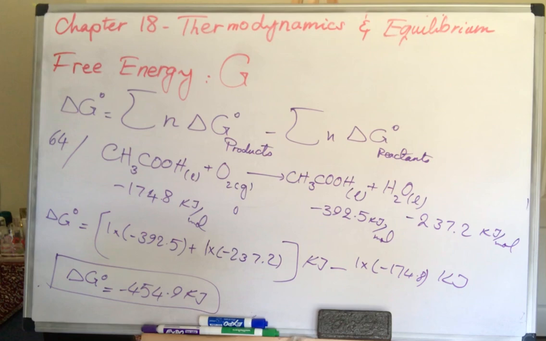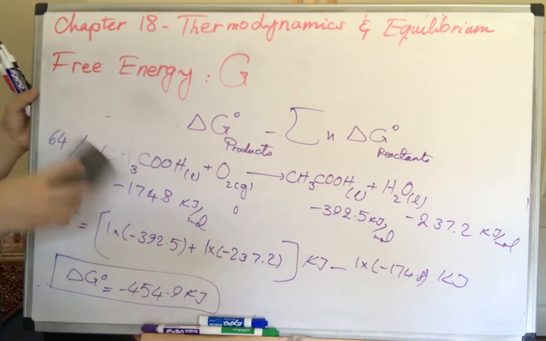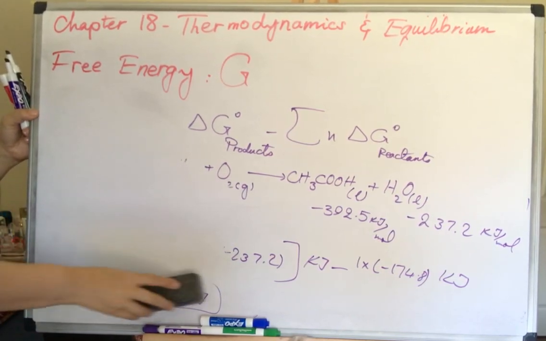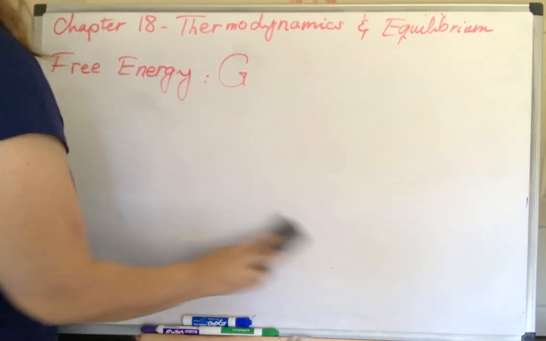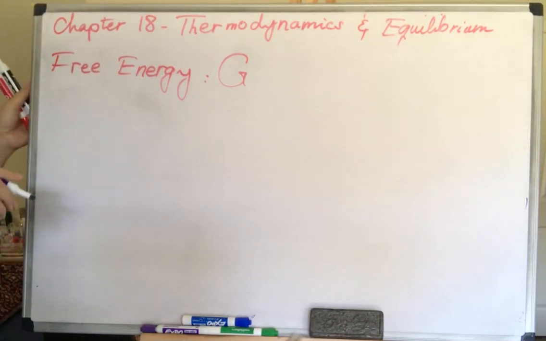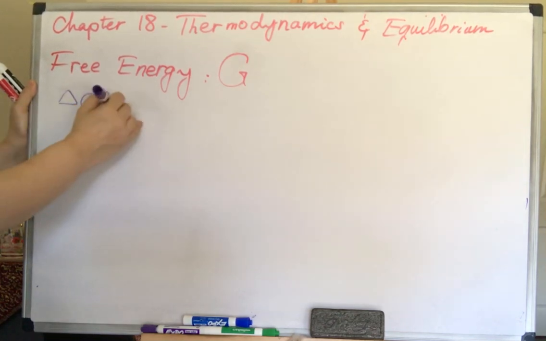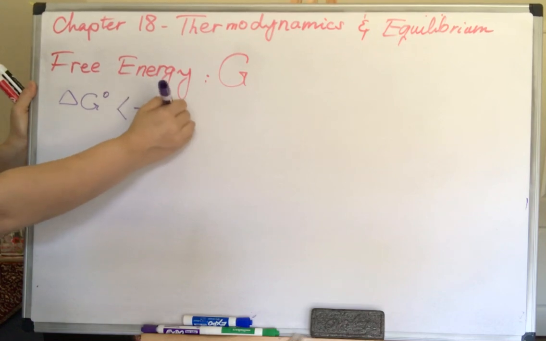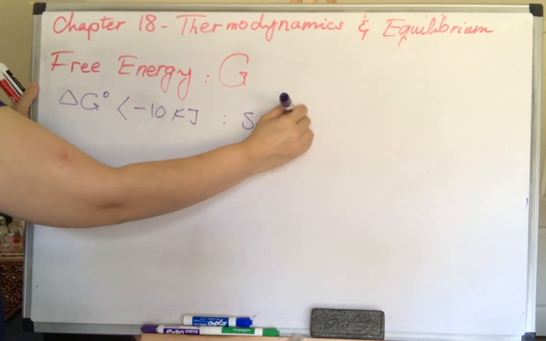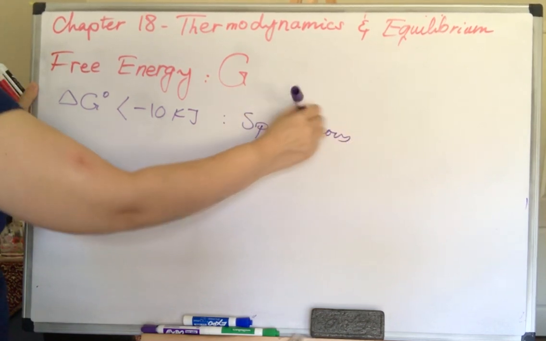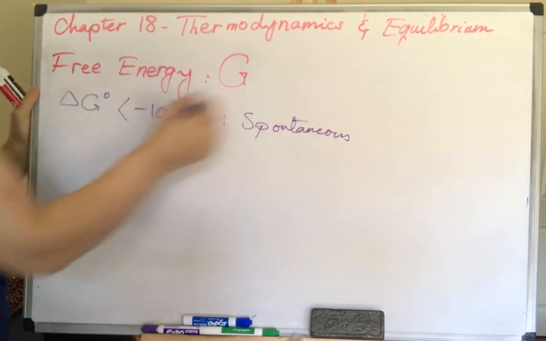The criterion for spontaneity based on delta G: we said we cannot decide on the spontaneity of reactions based on delta H, but based on delta S and delta G we can talk about spontaneity. When delta G standard is less than minus 10 kilojoules, it's called spontaneous.